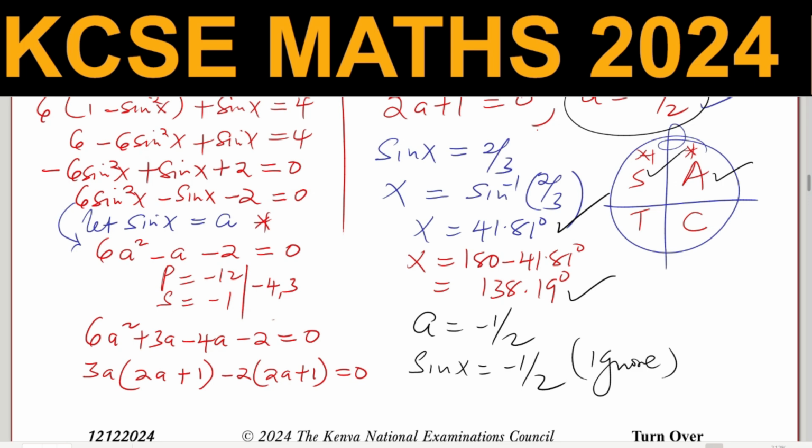In the unit circle, these angles will fall in the third or the fourth quadrant, and that one will exceed the range that you're given. The range that you're given is between 0 and 180, and where sine is negative is in the third and the fourth quadrant. Therefore, we remain with two solutions: 41.81 and 138.19.